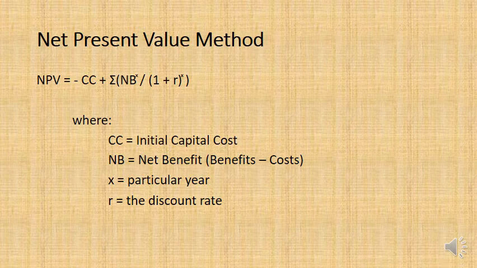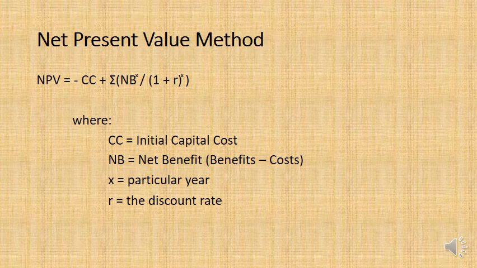Now, R is the discount rate, and that will depend on where the market is, whether it's in Erbil, Baghdad, Egypt, or wherever. There is a different discount rate associated with different markets.